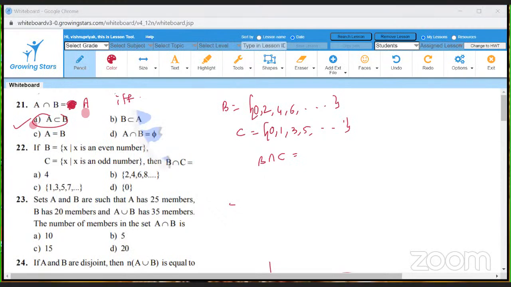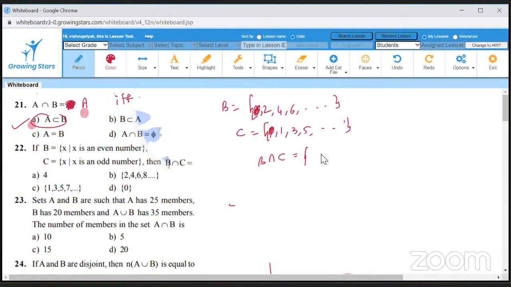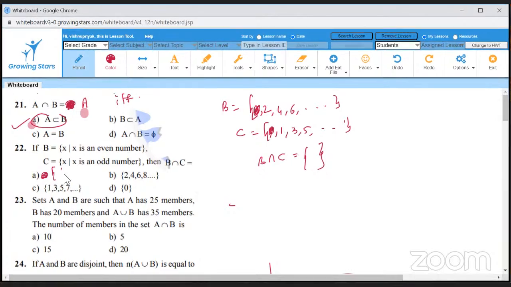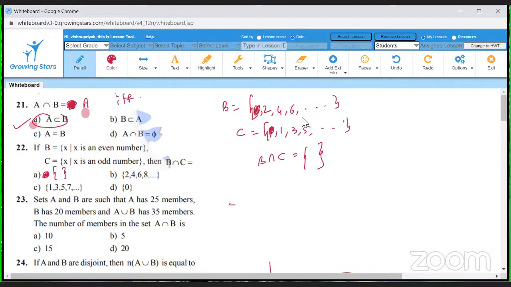So 0 can be counted as even, odd. So 0 is actually nothing. That's why you have to take empty set, which is not given in the option. I agree. Options are not correct. This one should be, option A should be empty set. Nothing common in both of them. In B and C, nothing common, empty set.